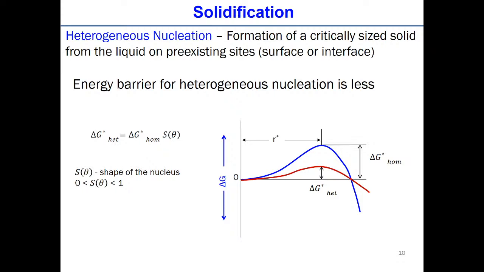But in the case of heterogeneous nucleation, we assume it starts with part of the sphere, a hemispherical cap. So there is a parameter theta, and theta is very important. For different values of theta, the energy barrier, delta G star, can be different also.